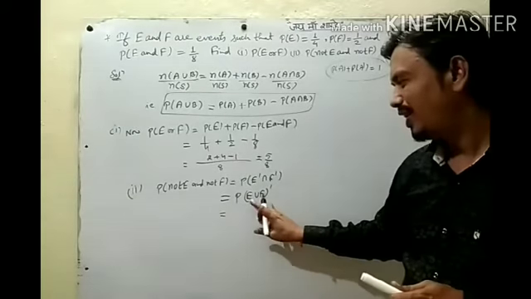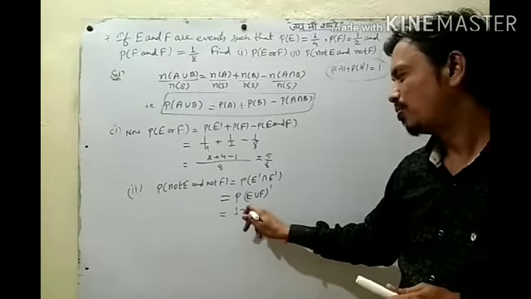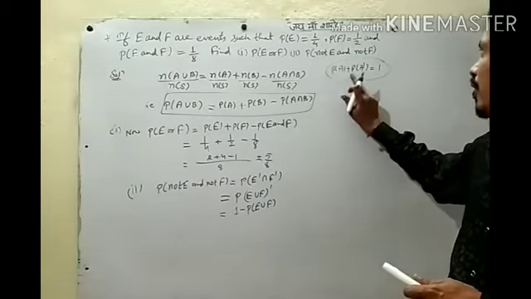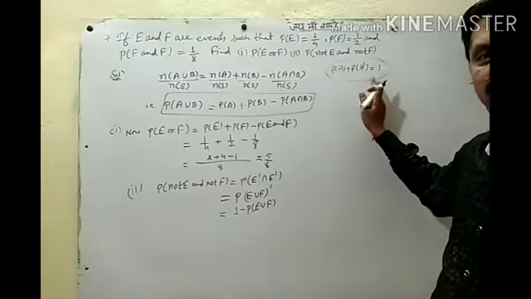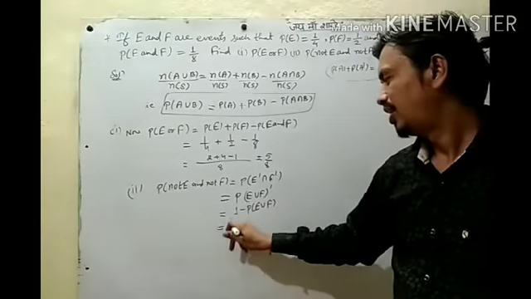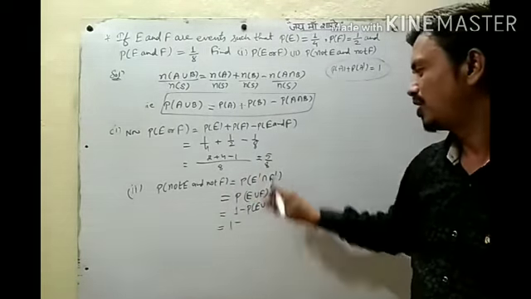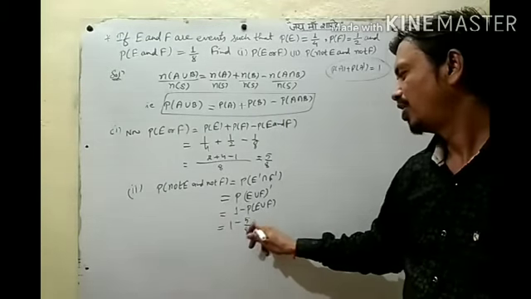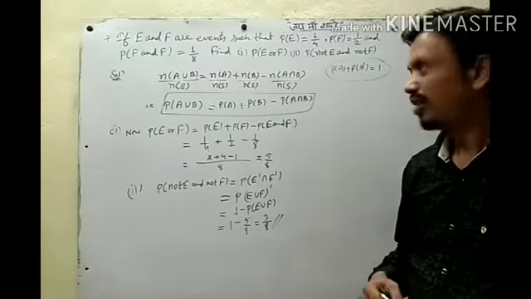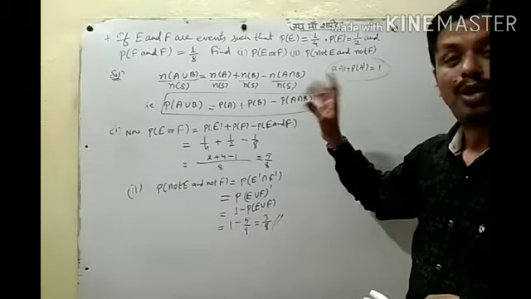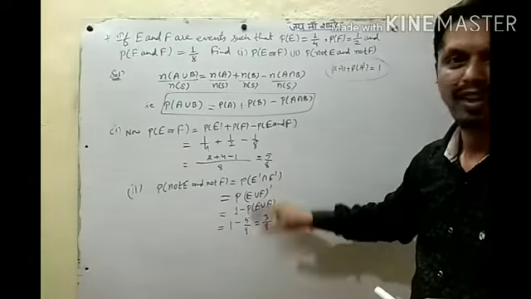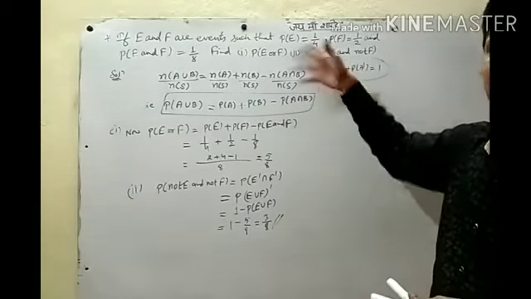So P of not E union F, we can say 1 minus P of E union F. P of not A will be 1 minus P of A, and its value we have 5 by 8, so it will give you 3 by 8. Okay? So first chapter is important. Like this you can find probability of E or F or whatever given.